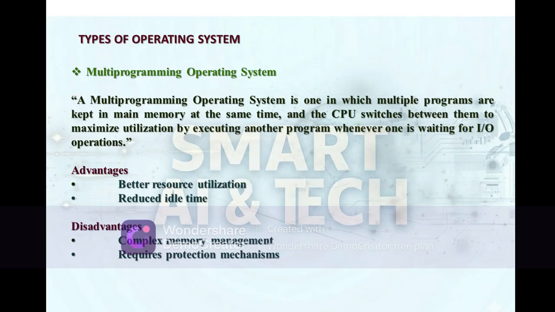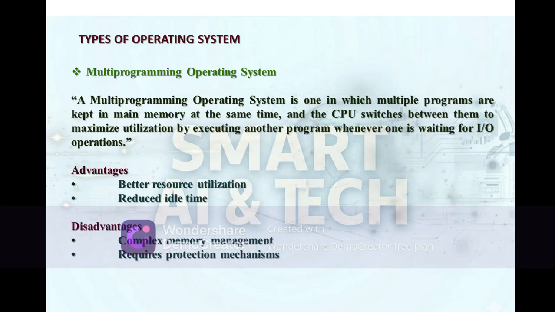The CPU does not remain idle when one job is waiting for I/O. The OS switches to another job. This switching improves CPU utilization and system efficiency.